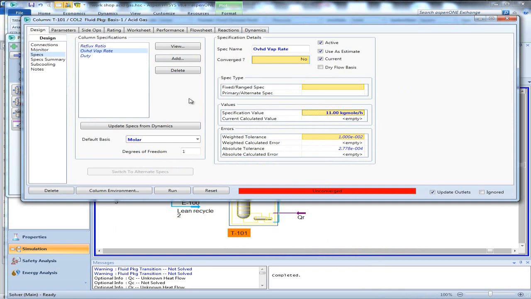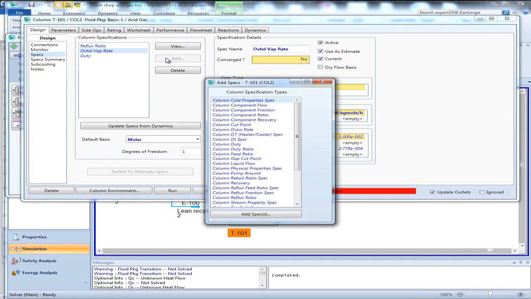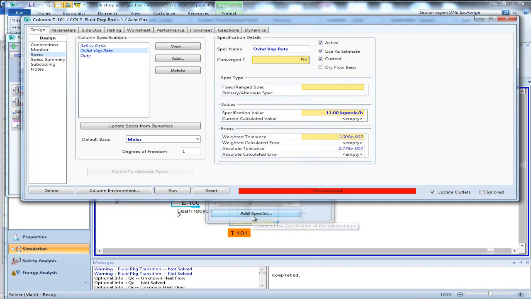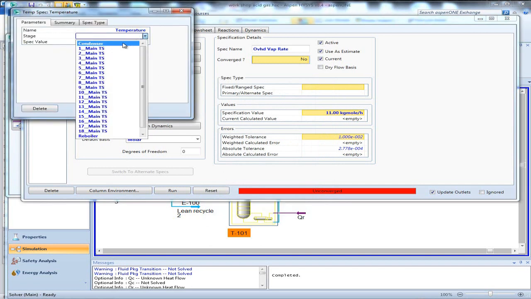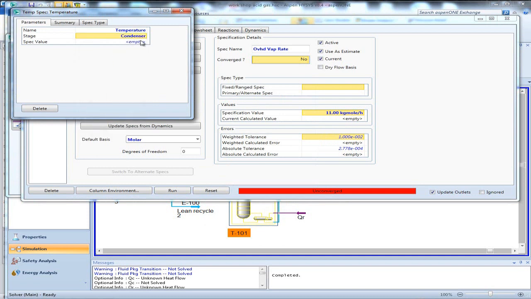Another specification is the condenser temperature. So we add it. Let's check. Okay, column temperature. To add that, it will ask you where it is. It is condenser, and we put that as 45 degrees Celsius.